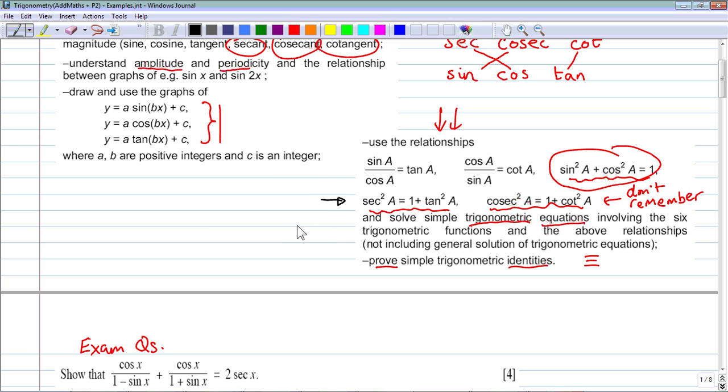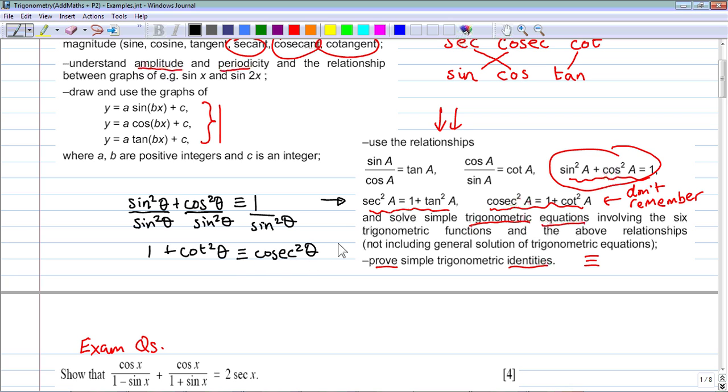They're not really very important, but I do want to mention that if you start with sine squared theta plus cos squared theta equals 1, identically equal to 1, and divide it by sine squared theta, it gives you 1 plus cot squared theta equals cosec squared theta. That's this one here.